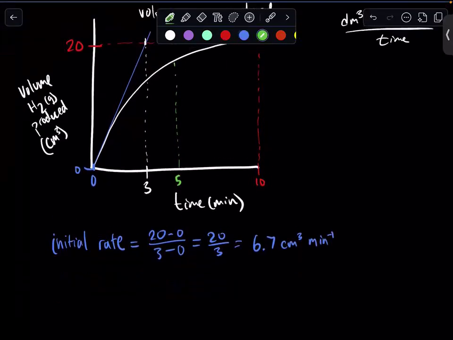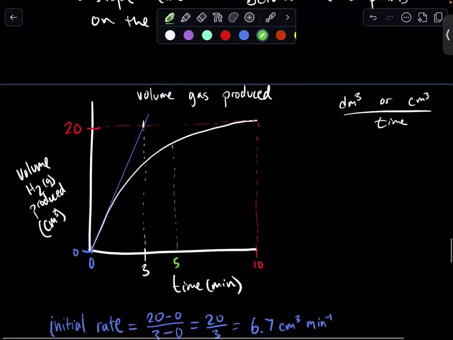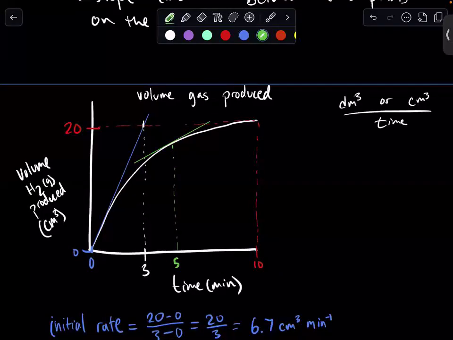Next, we will do our instantaneous rate at time equals 5. So once again we create a tangent line. We're going to need some new values here. We'll say this intersect is about 7, and we'll say this intersect is about 15.